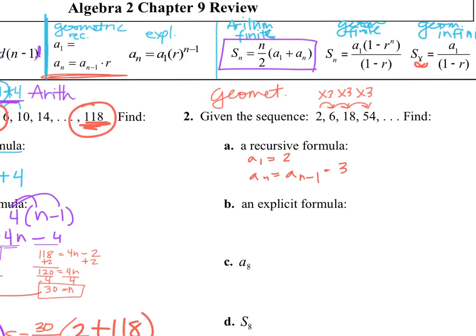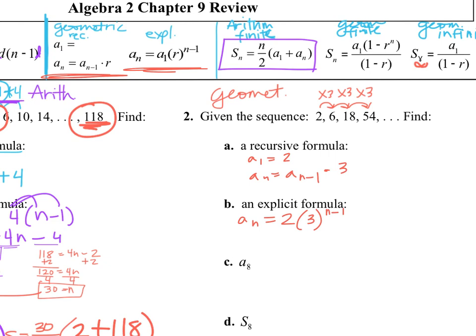Your explicit formula, this one here, is going to be a sub n equals, you need your a sub 1, right? So your first term, which is 2, times your r, which is your common ratio, that's the 3, that's what you're multiplying by, to the n minus 1 power. So that would be your explicit formula.